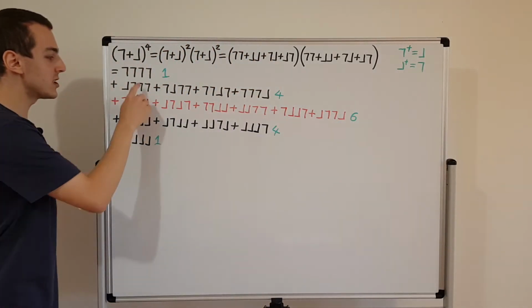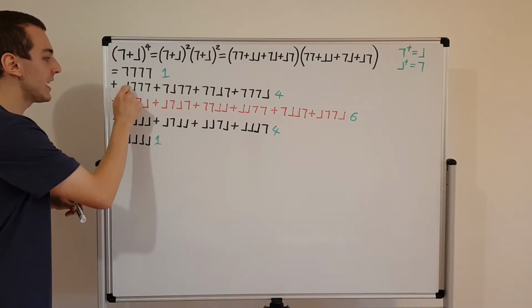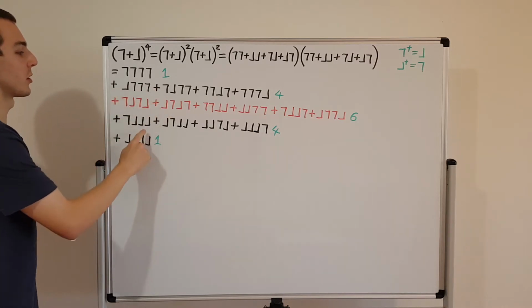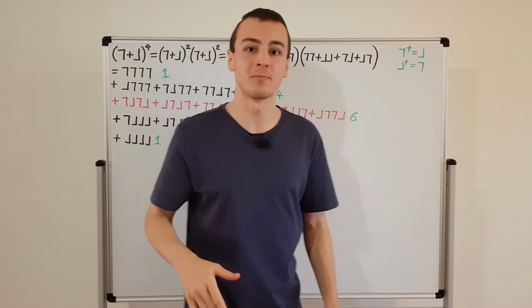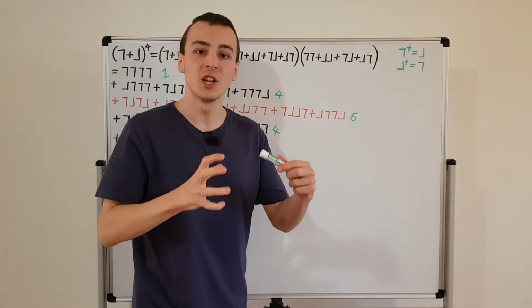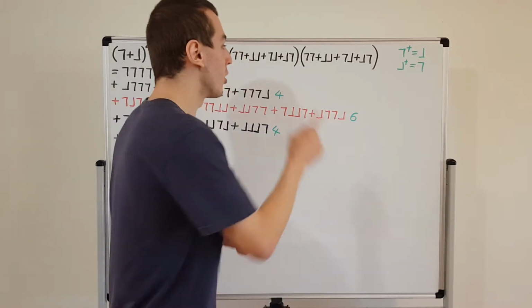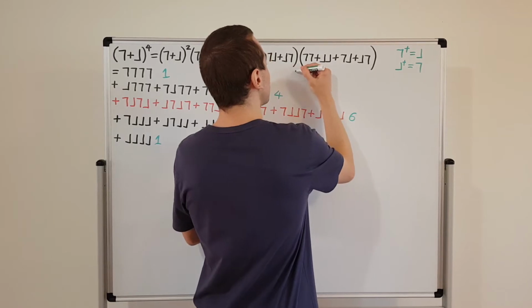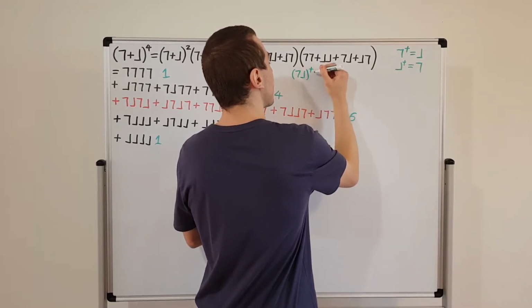So if you look at these terms over here, take this term and this term, this term and this term. Each of the individual members of this term are flipped versions of each other, but they're not necessarily Hermitian conjugates of each other. That's because if you have the product, you have to swap the order when you take the Hermitian conjugate. I'll show you an example over here. If we have, for example, raise lower, and then we take the Hermitian conjugate of that.